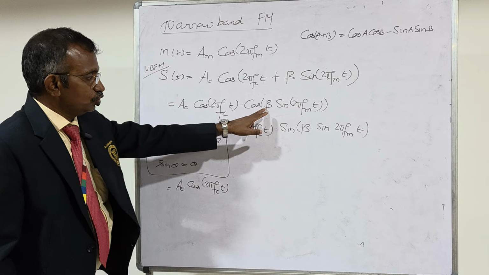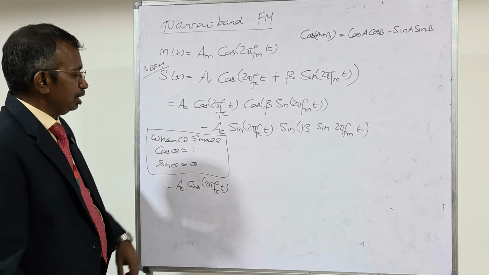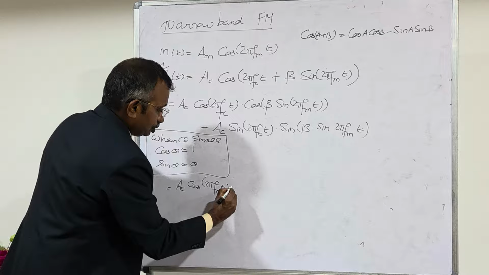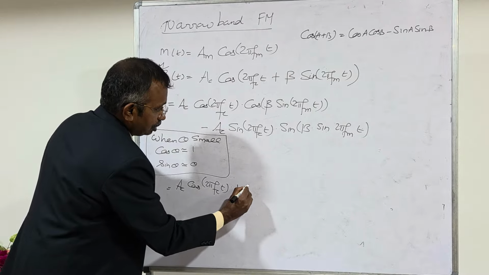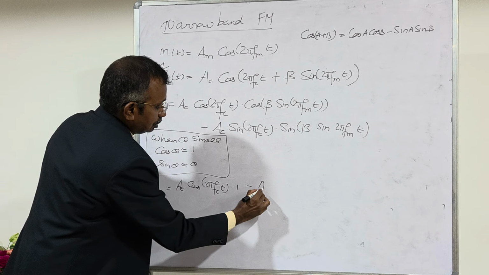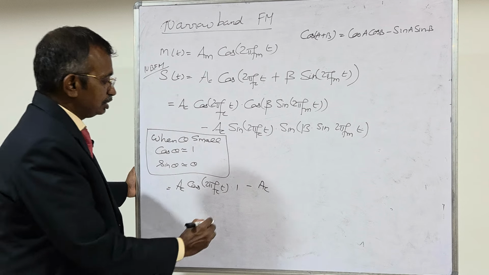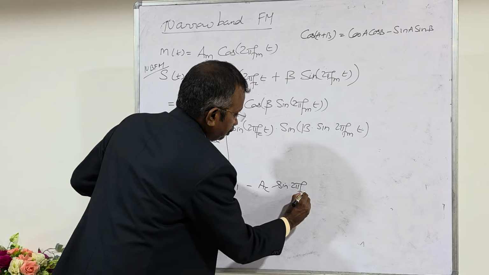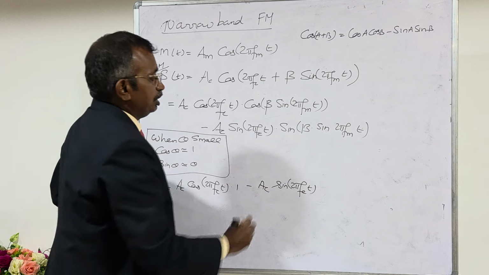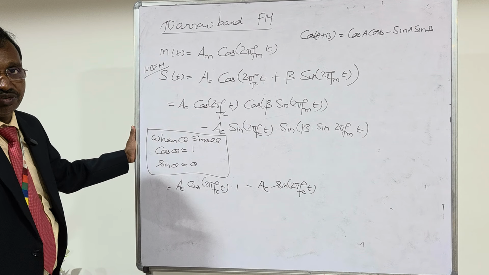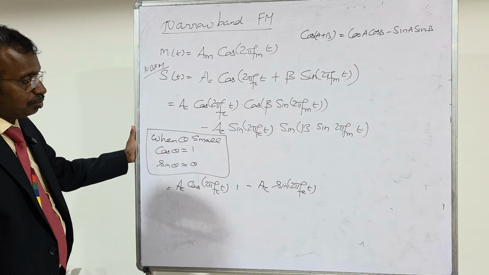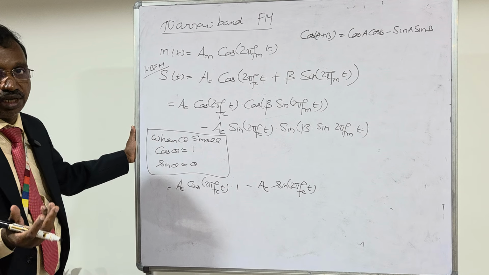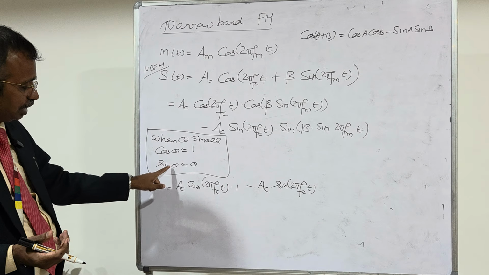So, when this beta is small, cos theta becomes 1, so this term is replaced by 1, minus Ac sin 2 pi fc t into sin(beta sin 2 pi fm t). When beta is small, then this becomes theta. When theta is small, sin theta becomes theta.